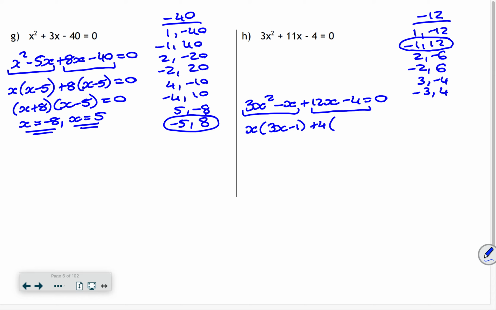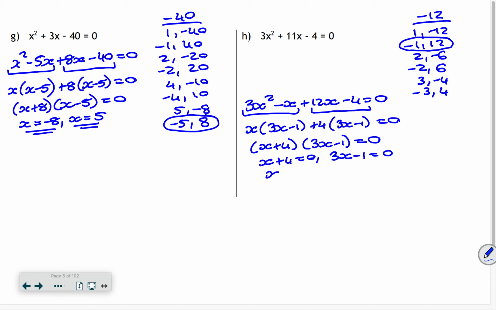So it'll be 4 bracket 3x minus 1 equals 0. So it means we have x plus 4, 3x minus 1 equals 0. So we have x plus 4 equals 0, or 3x minus 1 equals 0. So x has to be negative 4, and x has to be positive a third.